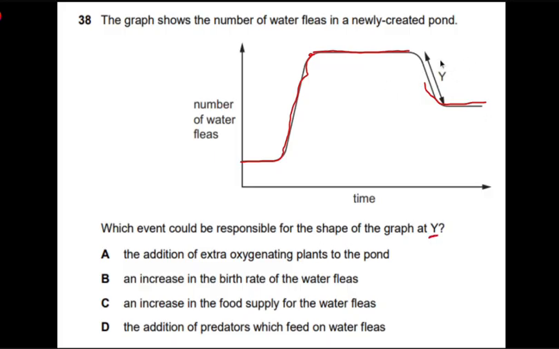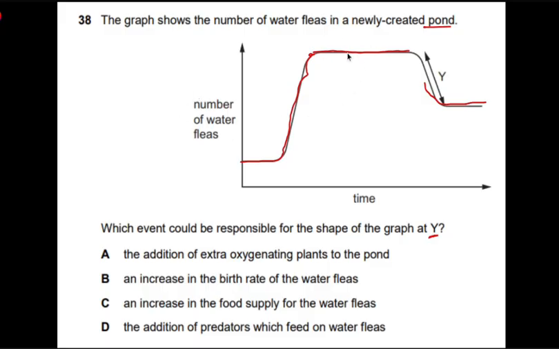Before we even answer this question, just try to think about it. We're talking about the pond, isn't it? In that pond, there could be some predators for these flies. When there are predators, they are going to control the accumulation of these flies.